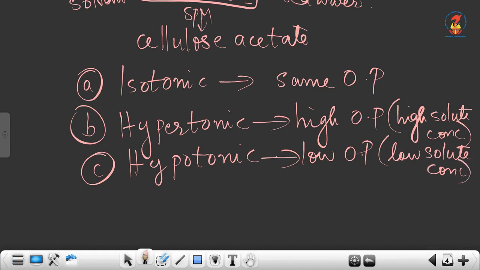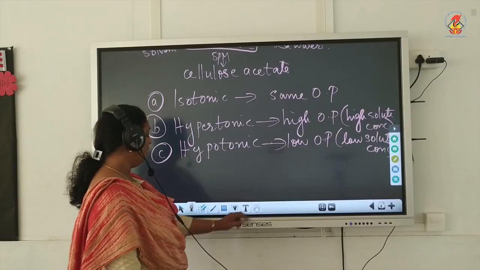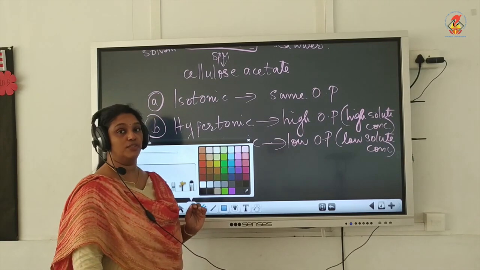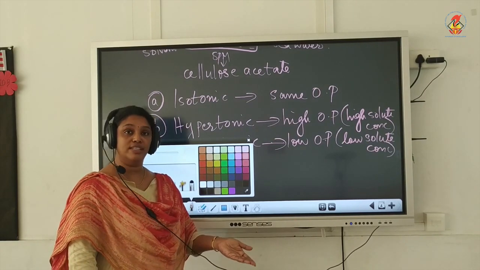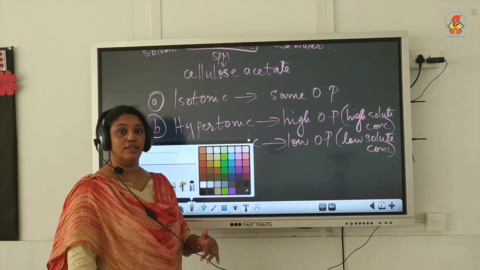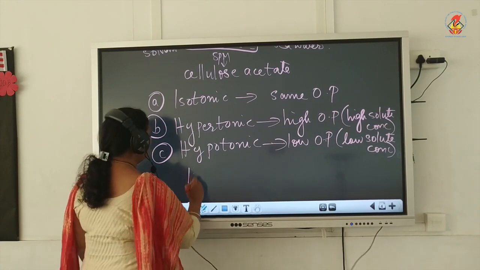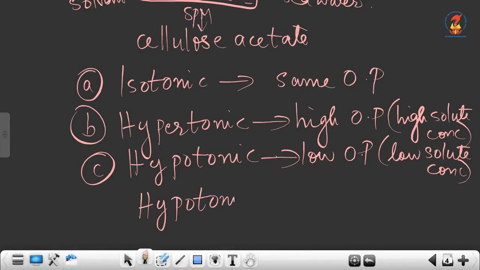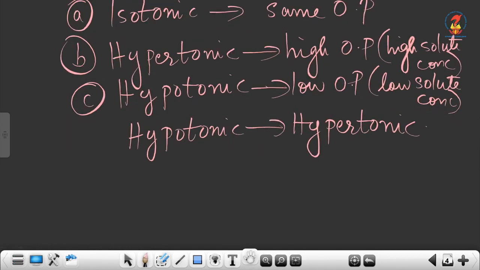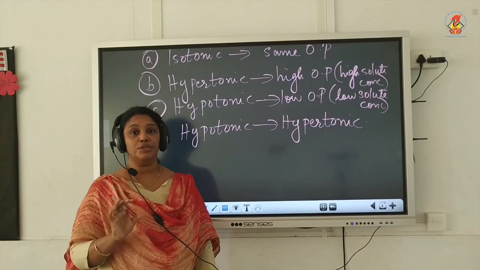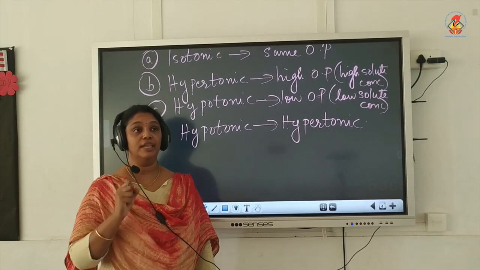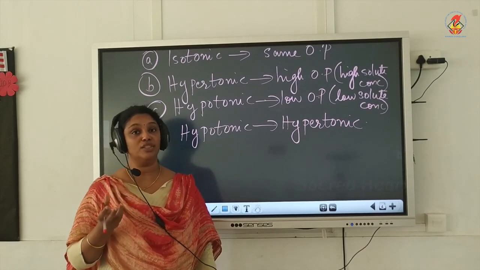Low solute concentration. So we know that always osmosis takes place from dilute to concentrated solution, or low concentration to high concentration. So here we know that osmosis takes place from hypotonic to hypertonic solution. Hypotonic to hypertonic. Now, if the solution is hypertonic, suppose we add a substance to the hypertonic solution.